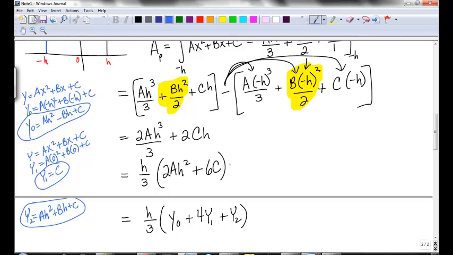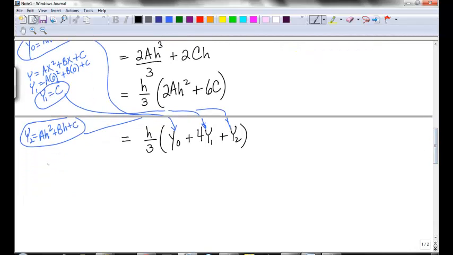If you sub this back in, put this in for y sub 0, put c in for y sub 1, and then put this in for y sub 2, it all worked. But it's like, how did they go from a, b and c to y's? Well, you got to go back and see how they labeled the problem. Okay, so now with that in mind, you can generate Simpson's rule.